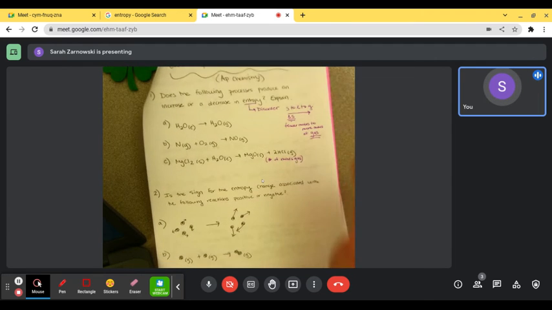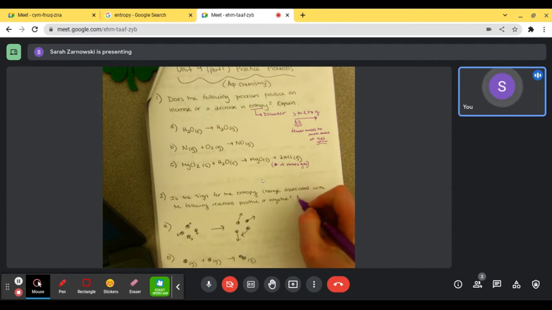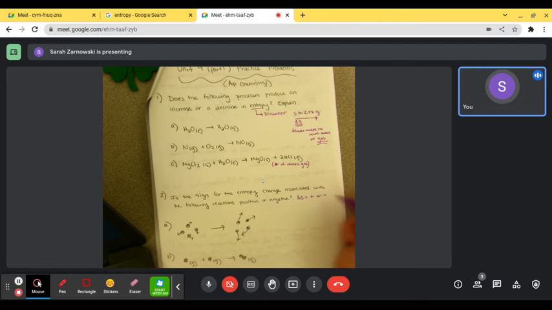Now, number 2. Entropy, change in S, can either be positive or negative. If change in S is positive, that means there's more disorder. And if it's negative, it's less disordered. Typically we want it to be positive because typically in life everything is becoming more disordered.